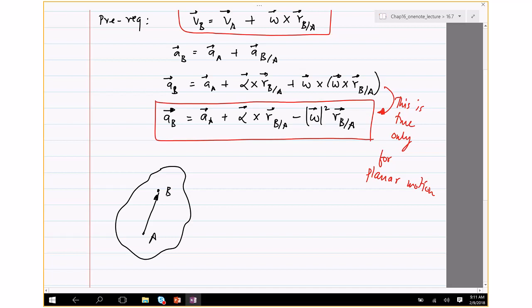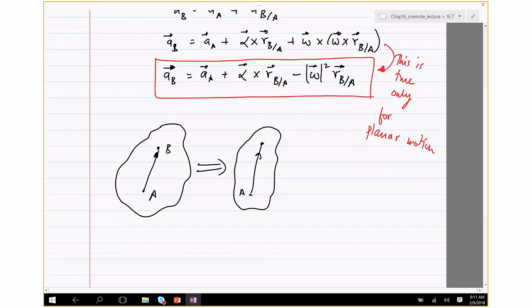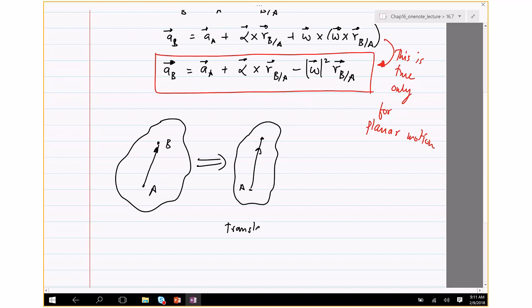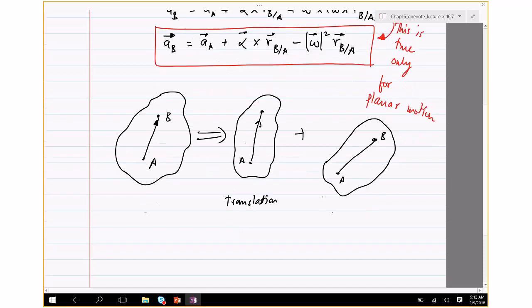So if you think of the motion of this rigid body as composed of two things, one would be translation, and the other would be rotation. So that is acceleration of A, and this is acceleration of B with respect to A.